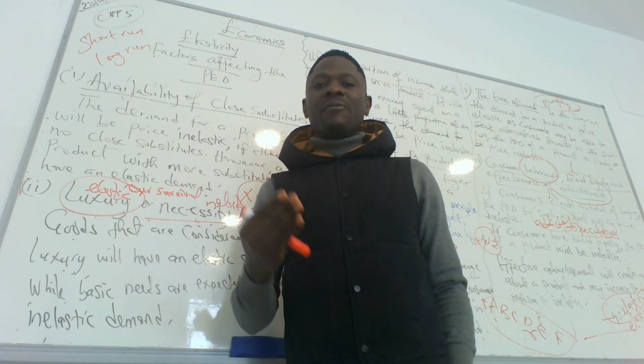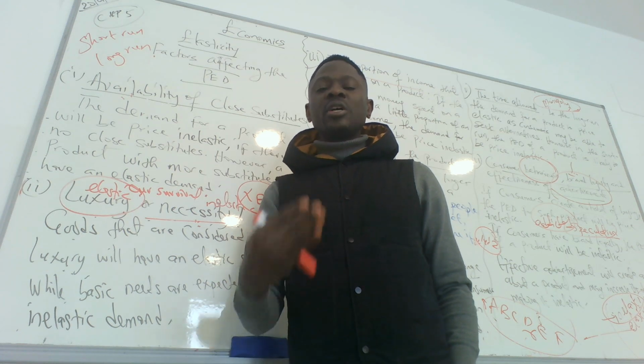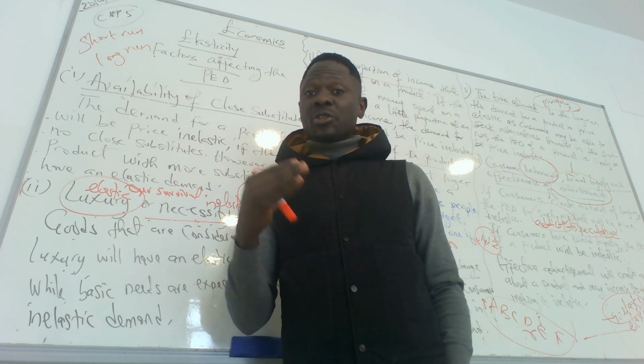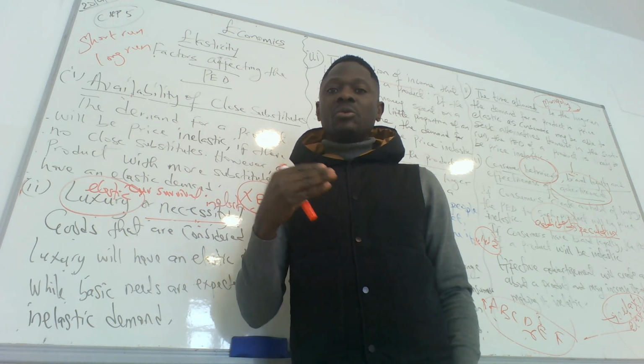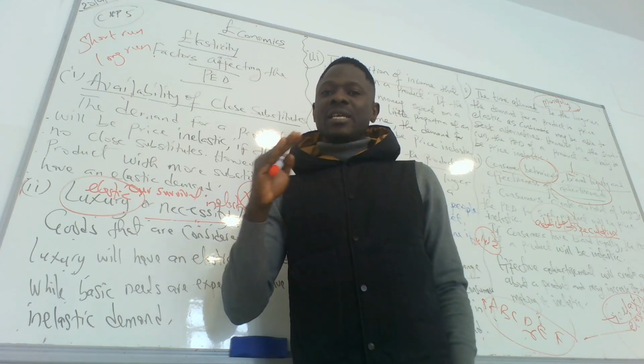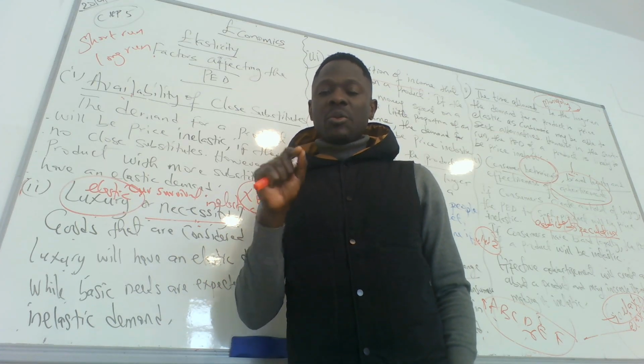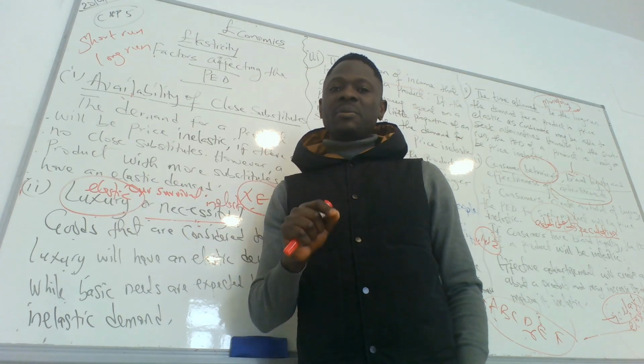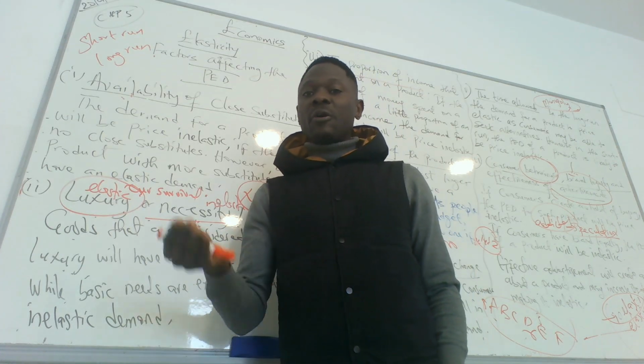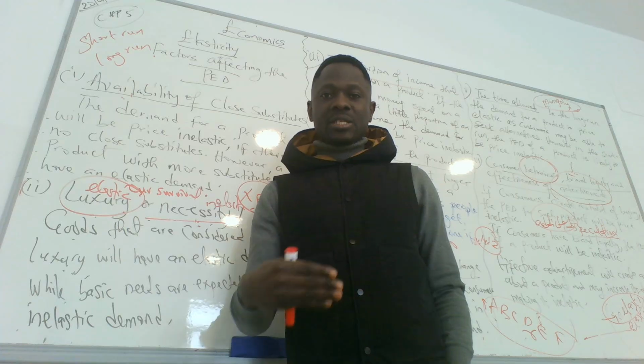A product that has a close substitute increases the choices of consumers. So an increase in the price of such a product relative to others would make the demand for the product price elastic. A product that has close substitutes will have a PED that is elastic because consumers can choose from different products as a result of an increase in price.